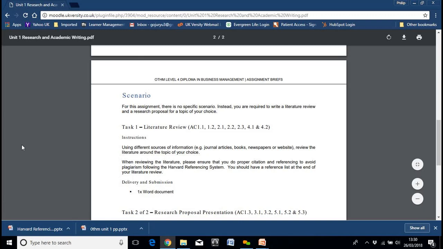So you're going to do basically a literature review to say, this is my subject, this is what I'm trying to solve, this is the literature that has already been written about this subject, and why you're actually going to do that. And when you review the literature, always use the Harvard referencing system to show where you've got that information from, and have a reference list at the end of your literature review.